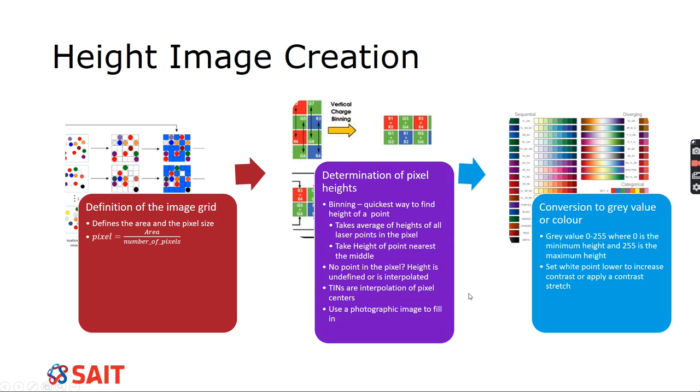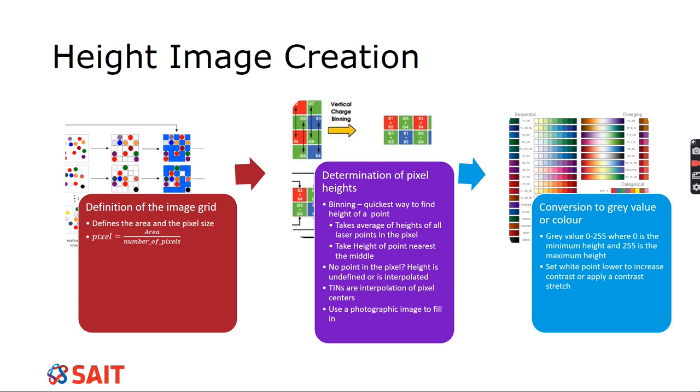So we use binning to identify the pixel heights, and then we either interpolate or leave blank all of the no-point pixel locations. And then finally, from there, we convert to a gray value or a color. Everyone remembers gray values or digital numbers from before. We have 0 as our minimum height and 255 as the maximum height, just like what we did with remote sensing.